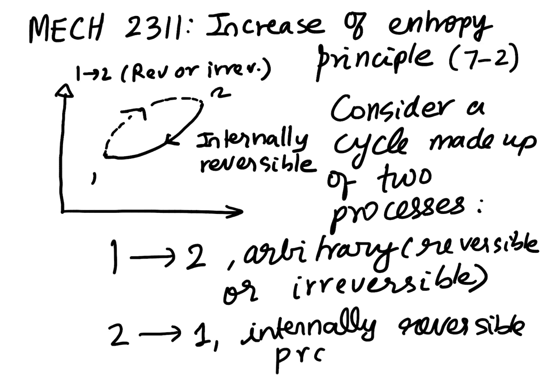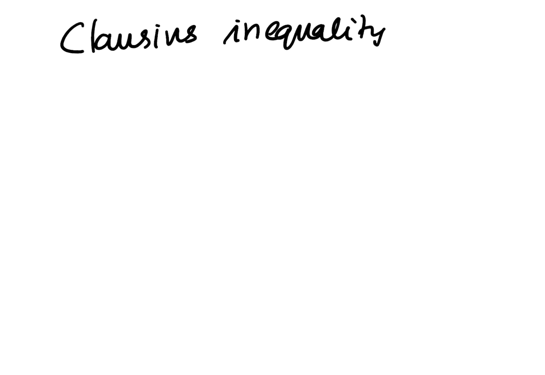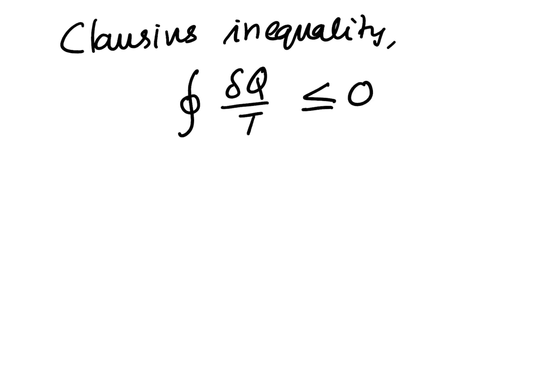Okay, we are going to consider this cycle between two states, 1 to 2 and then back from 2 to 1, through two processes, one which is arbitrary, no conditions imposed on that, and the other, the return process, being an internally reversible process. For the entire cycle, Clausius inequality may be written as the cyclic integral of delta q over T is less than or equal to 0.